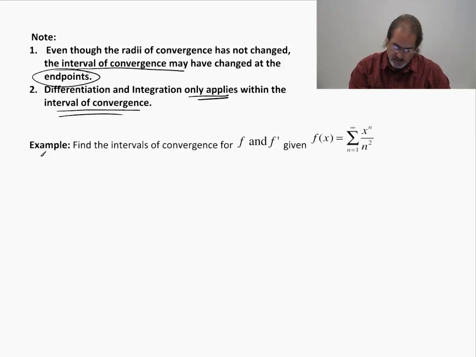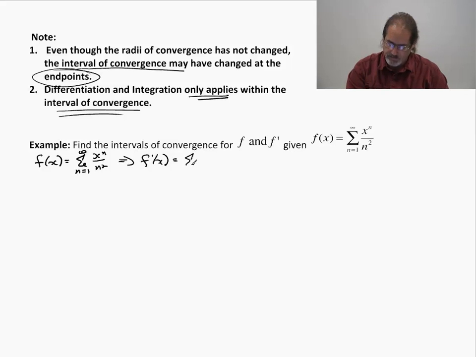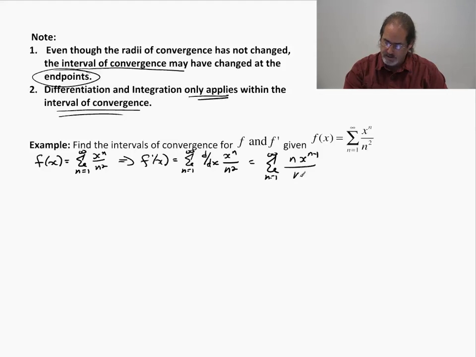So I'm going to start off with f of x equals the sum n equals 1 to infinity of x to the n over n squared. That implies f prime of x equals the sum n equals 1 to infinity of d dx x to the n over n squared, which is equal to the sum n equals 1 to infinity of n times x to the n minus 1 over n squared.